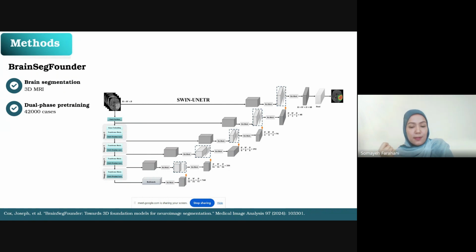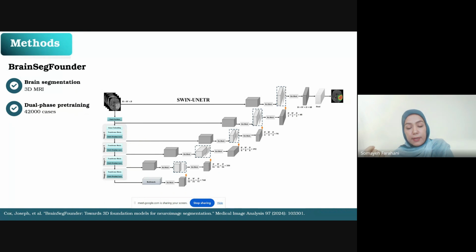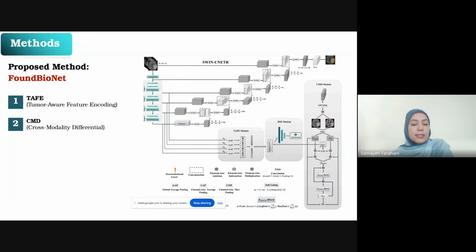With that in mind, we chose BrainStack Founder, because it's been pre-trained using a multi-stage self-supervised process on more than 42,000 brain MRI scans. We took this strong backbone and extended it with two new modules, TAP and CMD, for simultaneous tumor segmentation and biomarker classification.